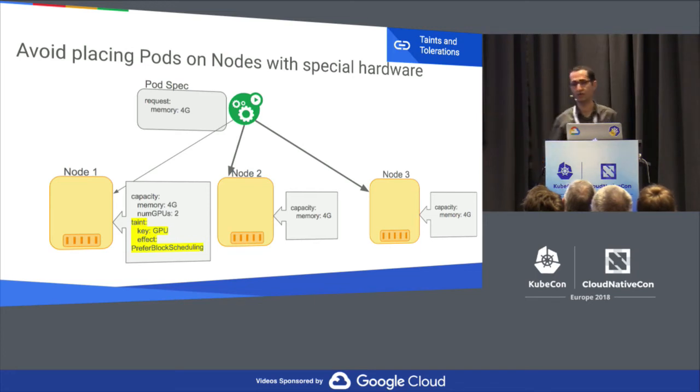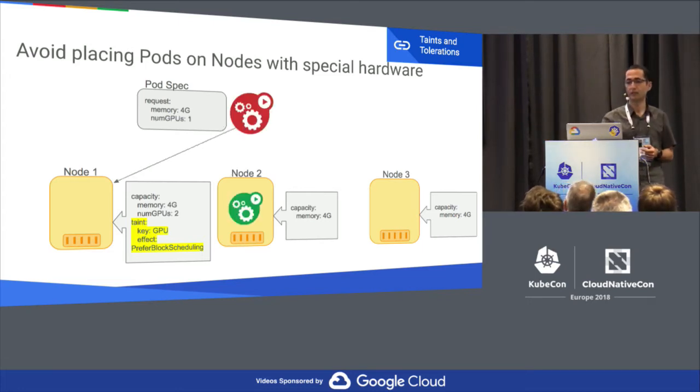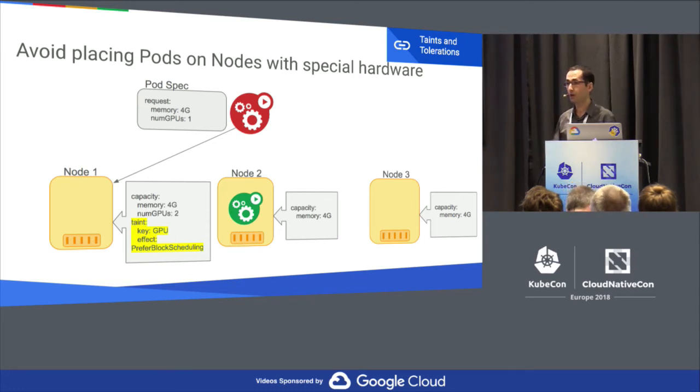But in this case, we are just saying that we prefer no pods to be scheduled on this node. So a pod that arrives and needs 4 gigabytes of RAM is preferred to be scheduled on node 2 or node 3. If they are full, we will still schedule it on node 1. But since these nodes are available, we schedule that pod on, let's say, node 2. And now when the new pod arrives, which actually requires a GPU, since there is no other choice for the scheduler to pick, it picks the first node.